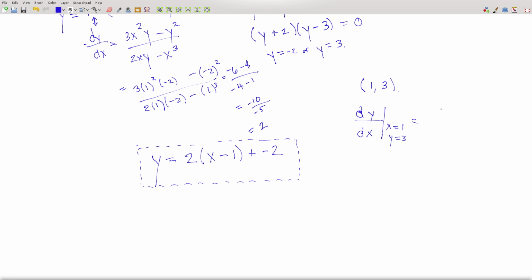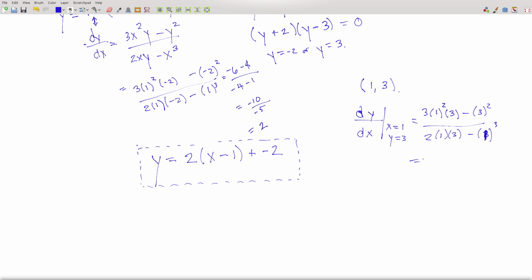So this will equal, using the derivative that they gave us, 3 times the x, which is 1, squared, times the y, which is 3, minus 3 squared, that's our y, over 2 times the x, which is 1, times the y, which is 3, minus, oh no, this is an x, this is 1 cubed.